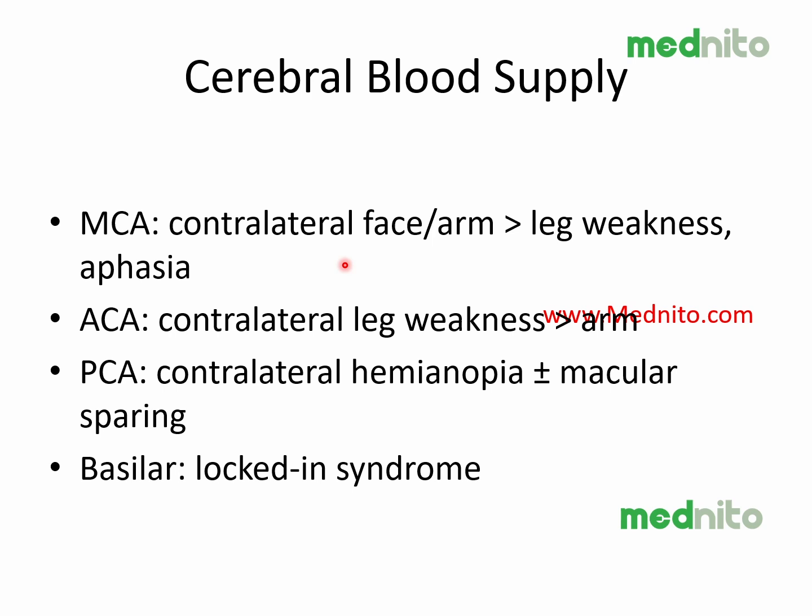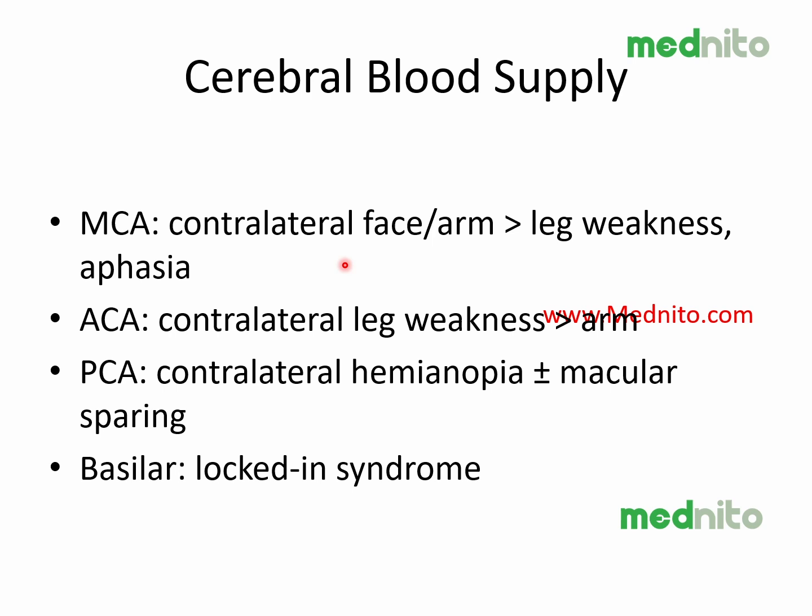Whereas whenever the middle cerebral artery is affected, it is the contralateral face and the arm that are mostly involved rather than the leg weakness. So the patient usually presents with right arm weakness with face weakness if the middle cerebral artery is involved. With the posterior cerebral artery, it is usually the contralateral hemianopia, or famously the eye signs, that are seen in posterior cerebral artery occlusion.